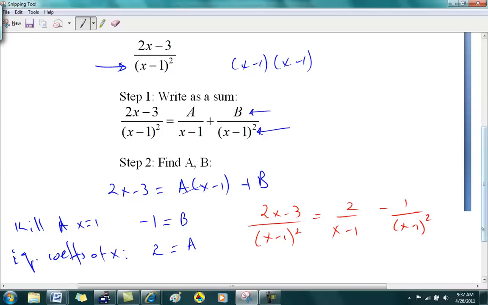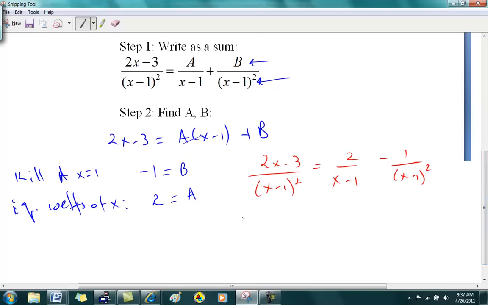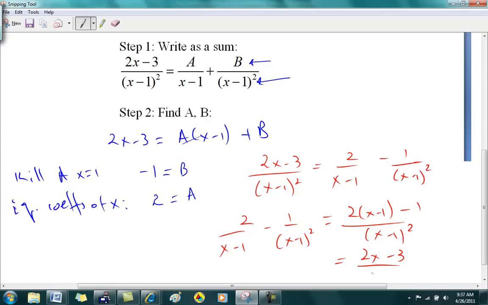And we can check this algebraically if you don't want to do it through the graphing calculator, by combining these, and I get 2 times x minus 1 minus 1 over x minus 1 squared, which is 2x minus 3 over x minus 1 squared, which is what my left hand side is. So that indeed is correct. Okay, so this is how you handle repeated linear factors.